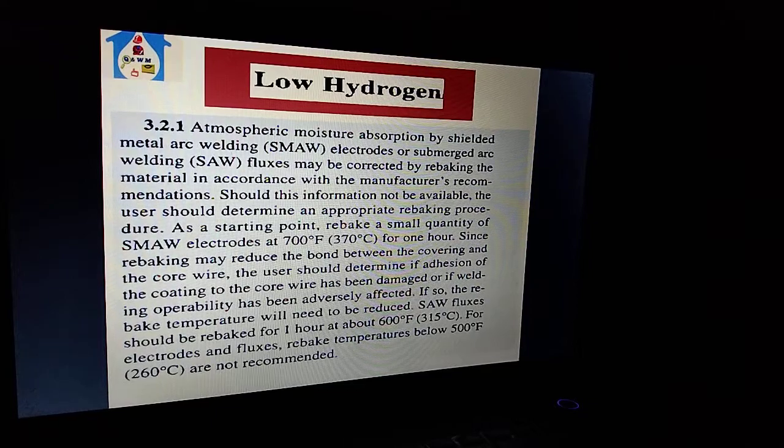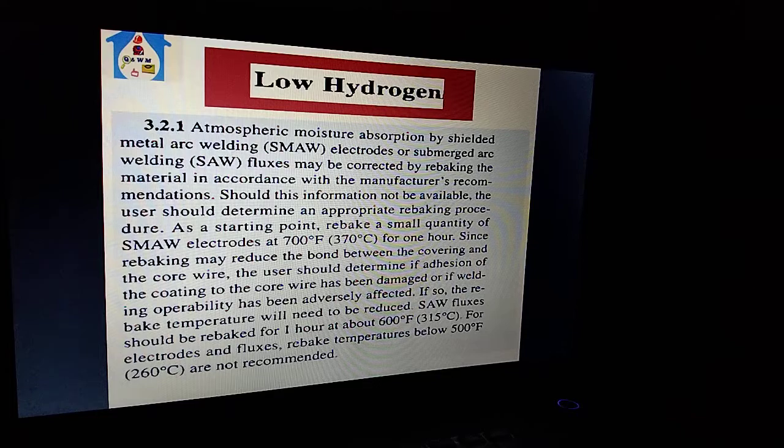Since rebaking may reduce the bond between the covering and the core wire, the user should determine if adhesion of the coating to the core wire has been damaged or if welding operability has been adversely affected. If so, the rebake temperature will need to be reduced.